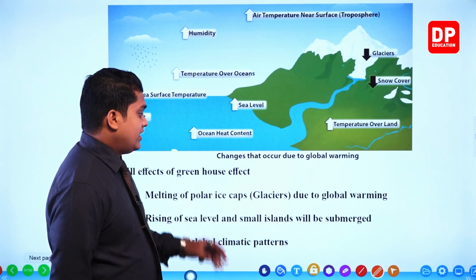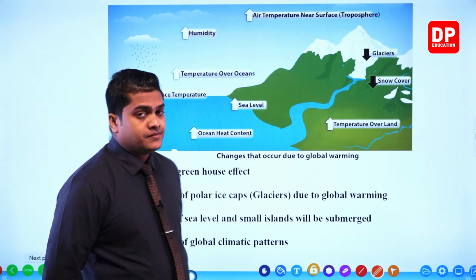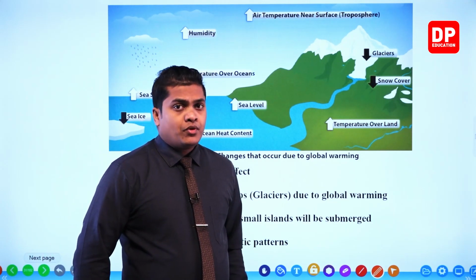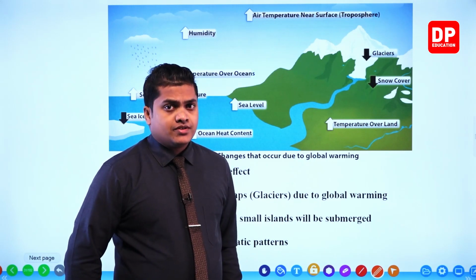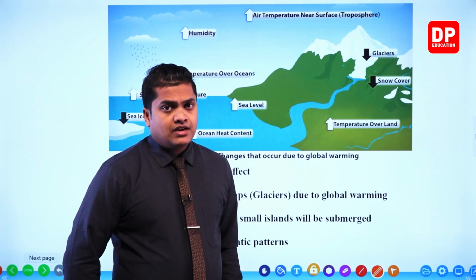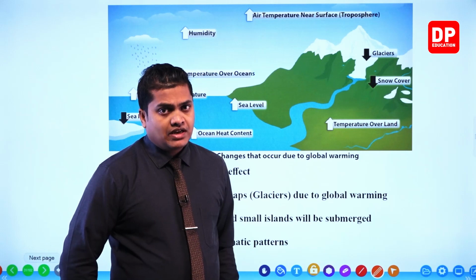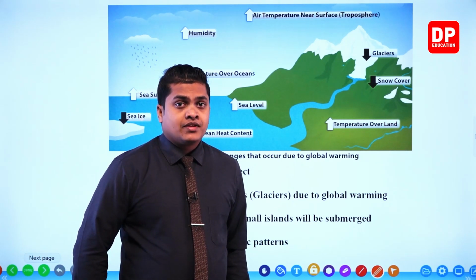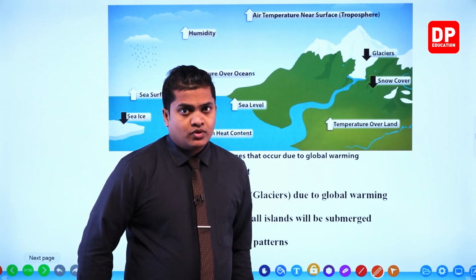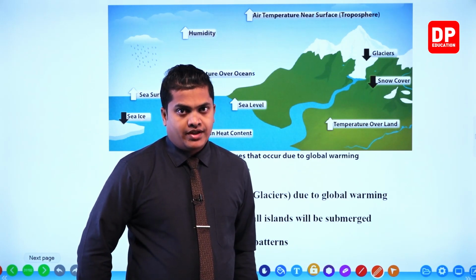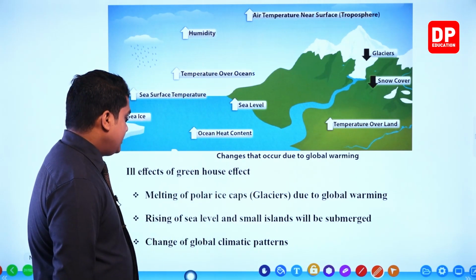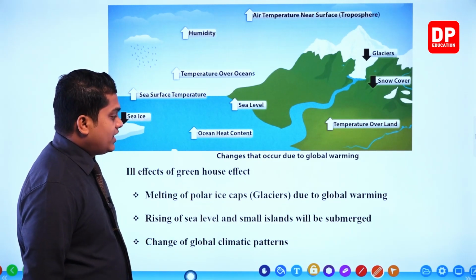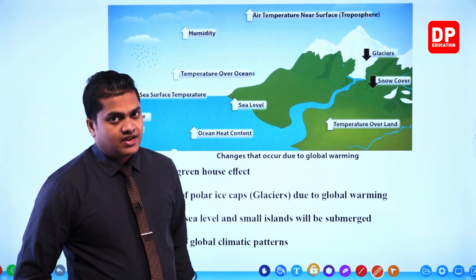The melting of polar ice caps. When polar ice caps or glaciers melt down, definitely the sea water level will increase. Upon increase in the sea water level, my dear children, small islands will get submerged within the water. Okay, right. Rising of sea level and small islands being submerged. Yes, we discussed that, right?